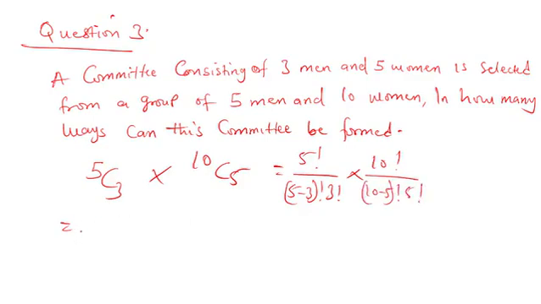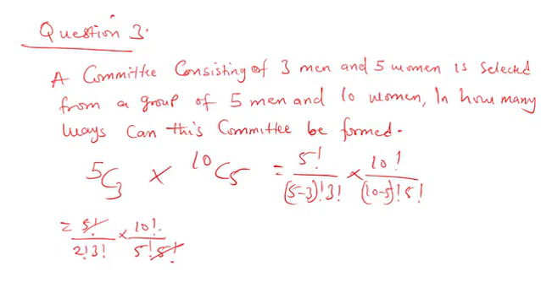And this is equal to 5 factorial over 5 minus 3, which is 2 factorial, 3 factorial, times 10 factorial over 10 minus 5, which is 5 factorial, then we have 5 factorial. First of all, this 5 factorial takes off this.